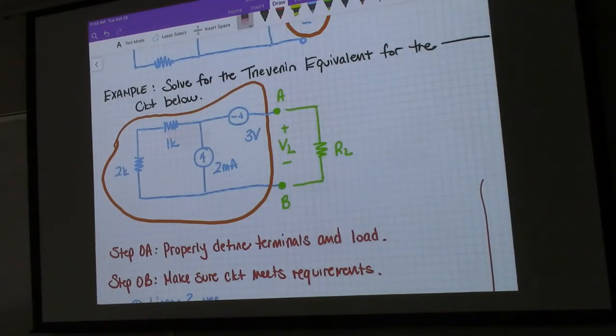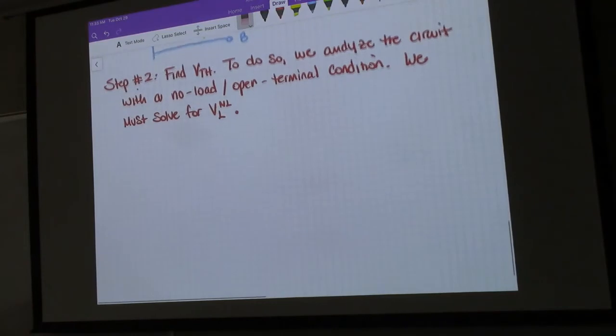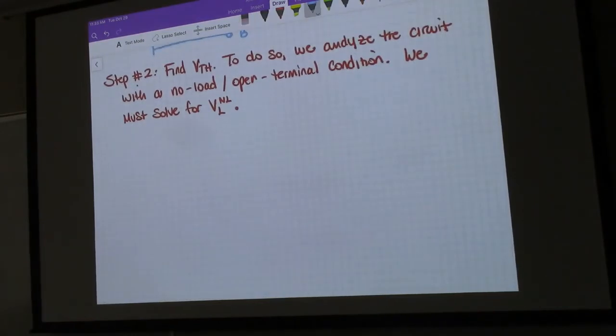So we'll have to redraw the entire circuit, but our sources will stay there.